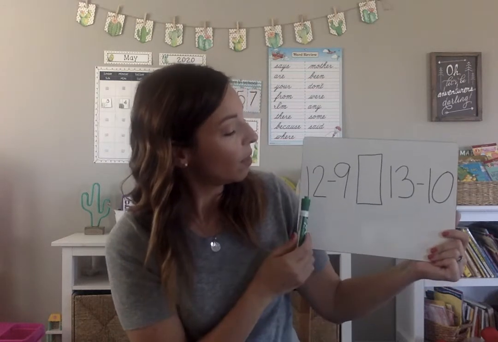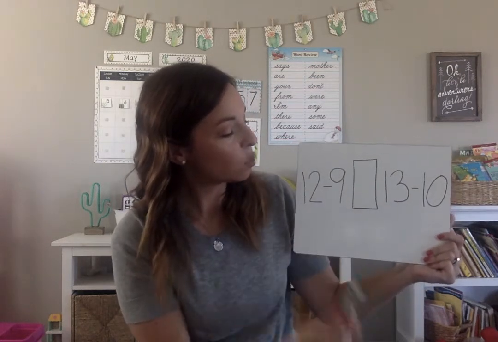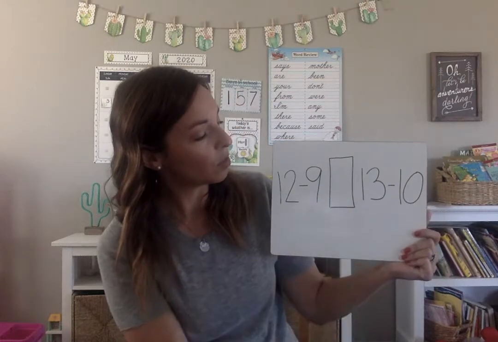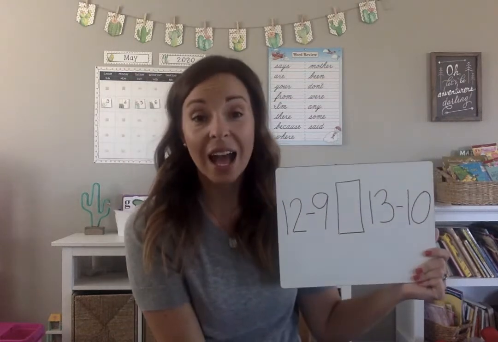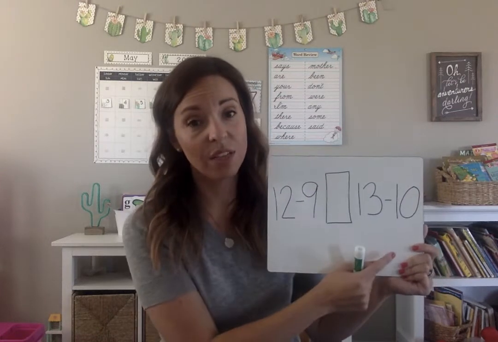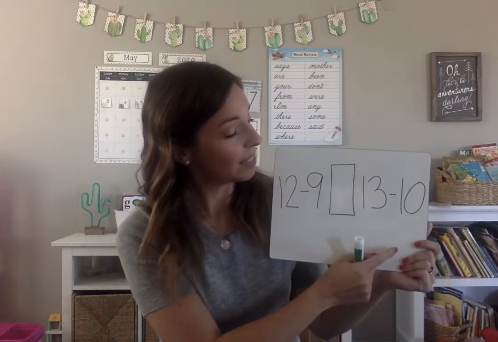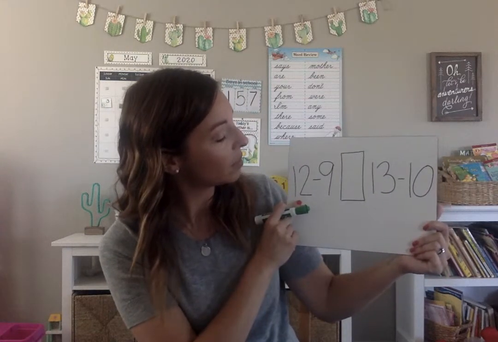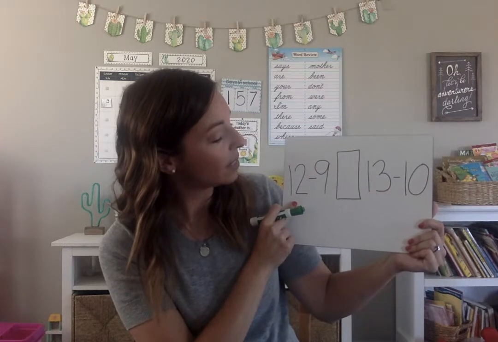Okay, so before I can tell if 12 minus 9 is greater than or less than or equal to 13 minus 10, I have to know what 12 minus 9 is and what 13 minus 10 is. So let's talk about 12 minus 9.